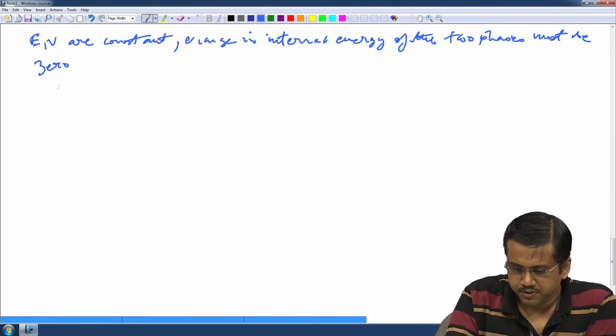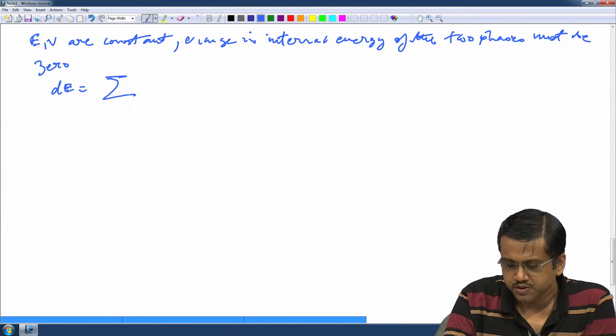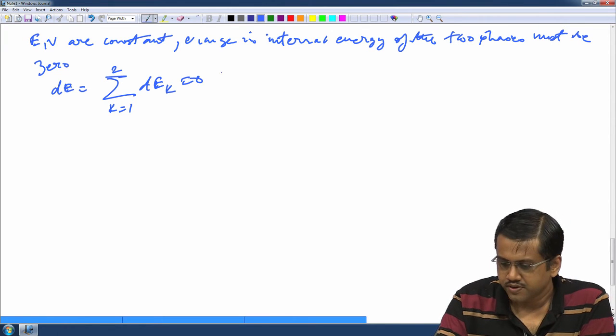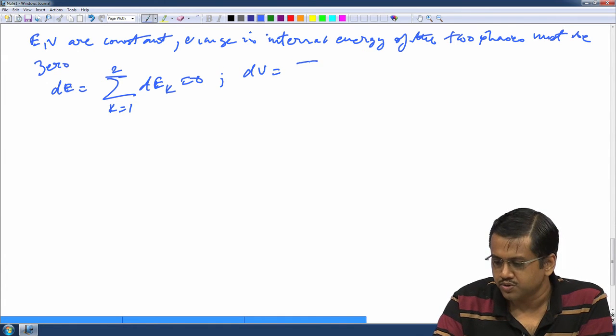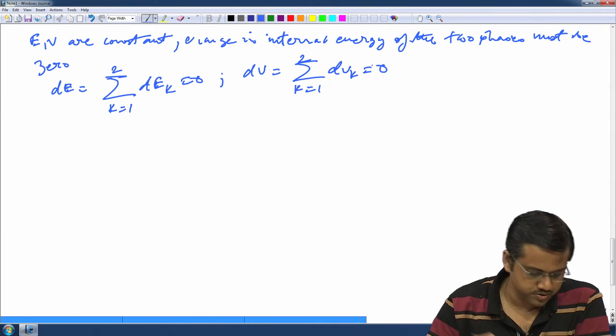Okay. So, that would mean that dE, which is the sum over k equal to 1 to 2 of dE_k, is equal to 0. Also dV, which is the sum over k equal to 1 to 2 of dV_k, is also equal to 0.